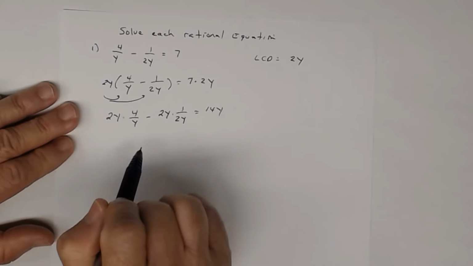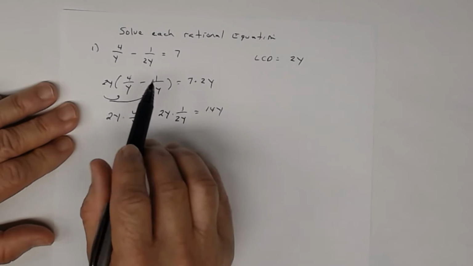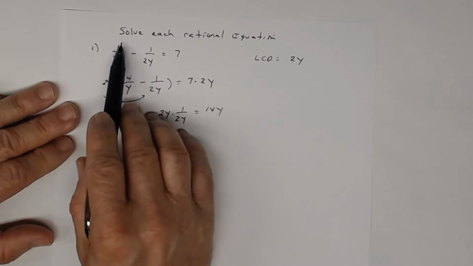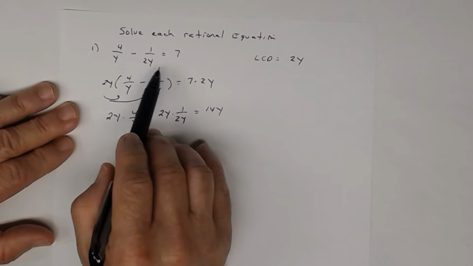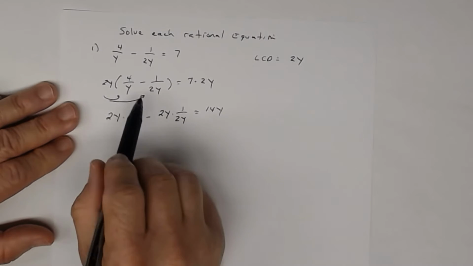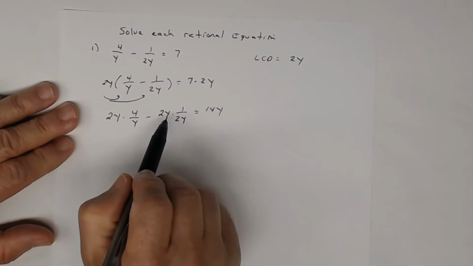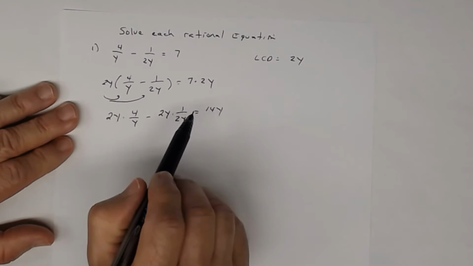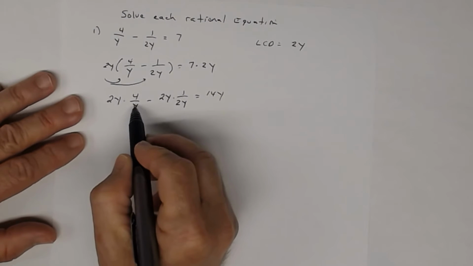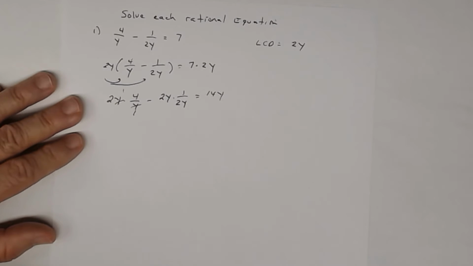Alright, now notice also that we multiply both sides by the least common denominator. Keep in mind, all of these terms are going to be multiplied by 2y, and that's what you see here. So 4 divided by y times 2y, 1 divided by 2y times 2y, and then 7 times 2y, which is 14y. Okay, so let's go ahead and reduce. y divided by itself is 1, y divided by itself is 1.